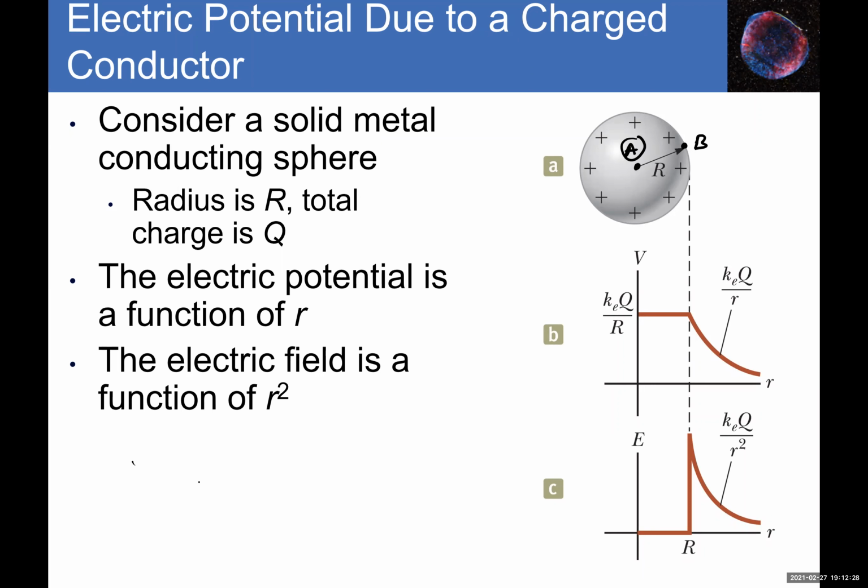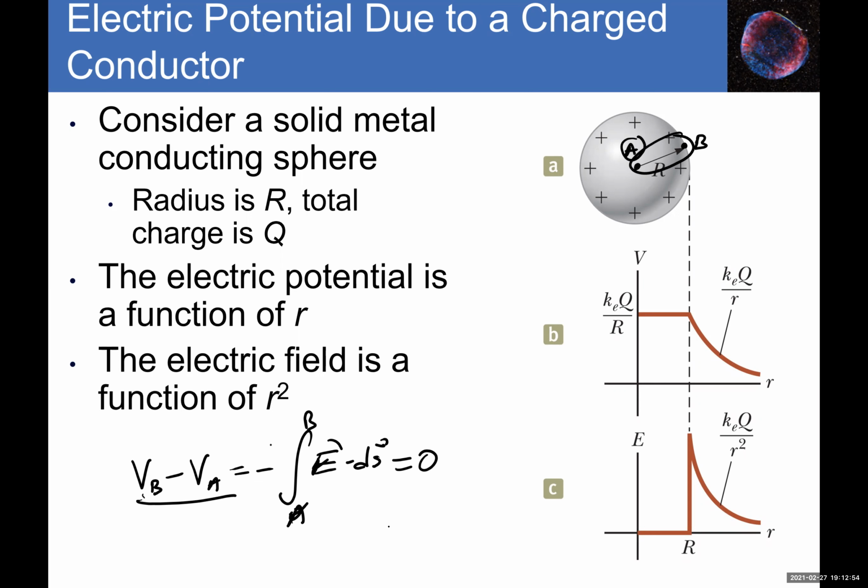Because VB minus VA equals negative integral of E dot ds going from A to B, inside the conductor all the way from point A to point B, and this is zero. If this is zero, it means VB minus VA is zero, or V is constant.